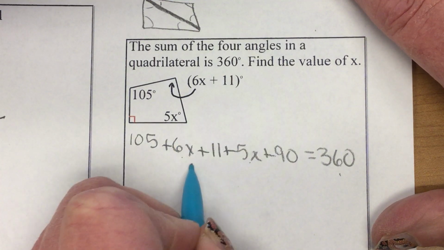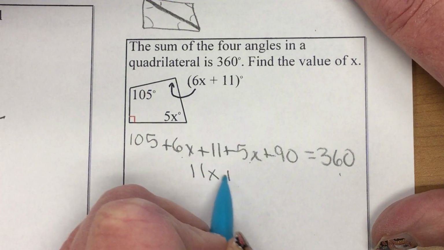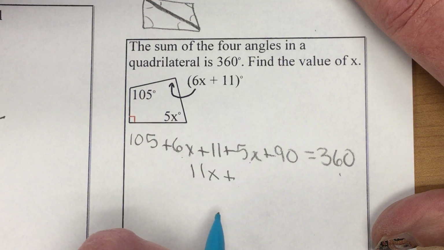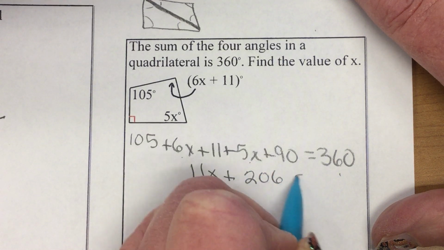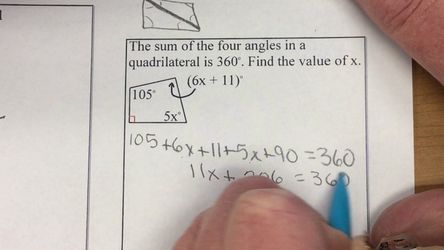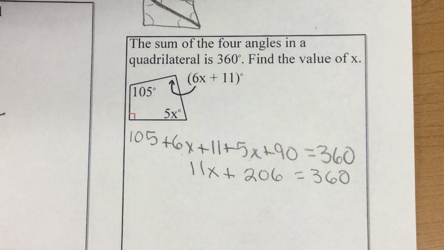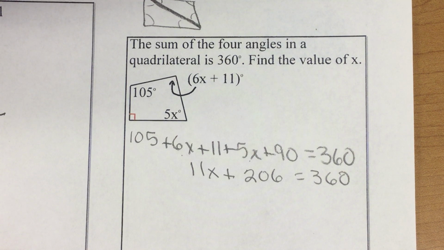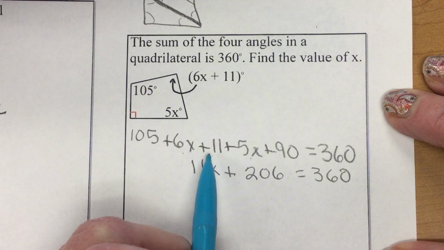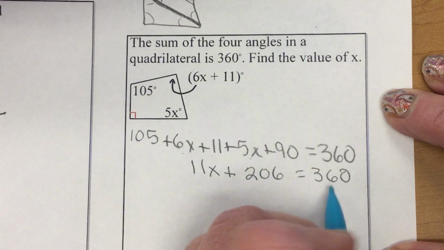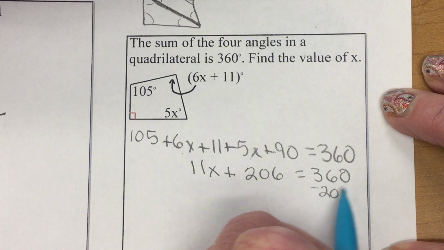Add my like terms, 11x plus 206. Did I add that up right? I hope so. Okay, so we subtract 206.